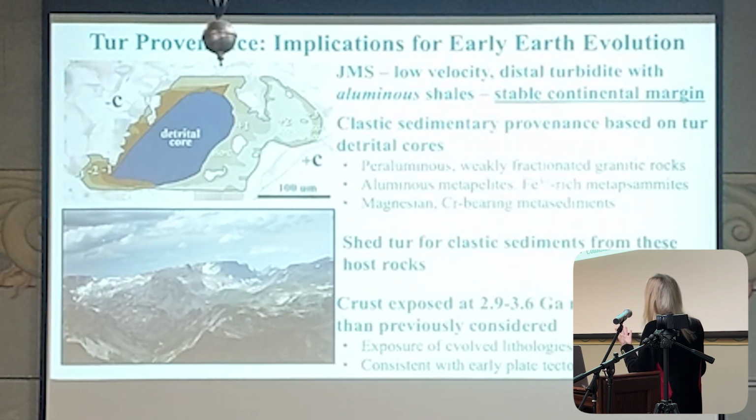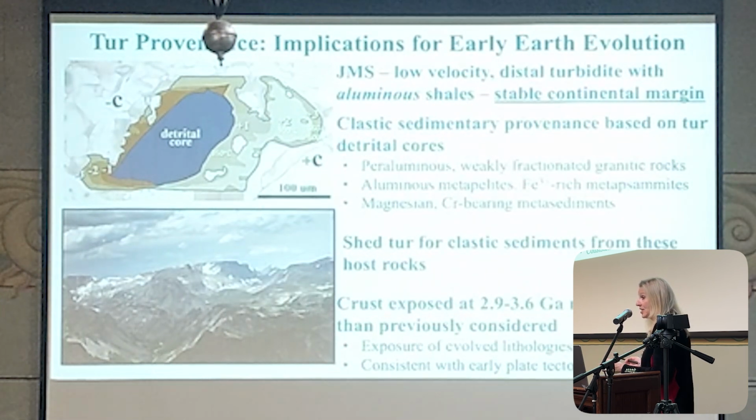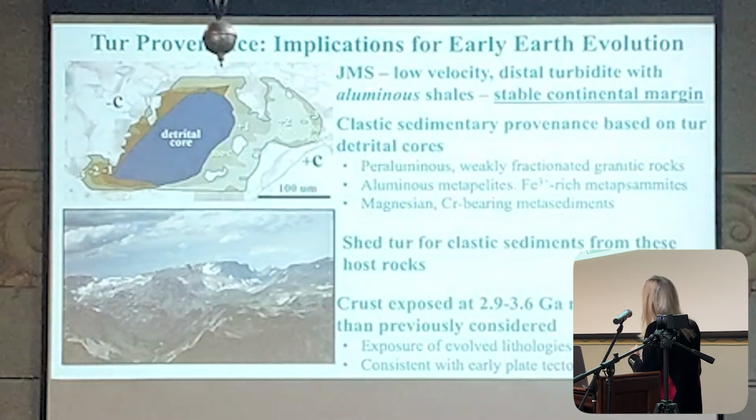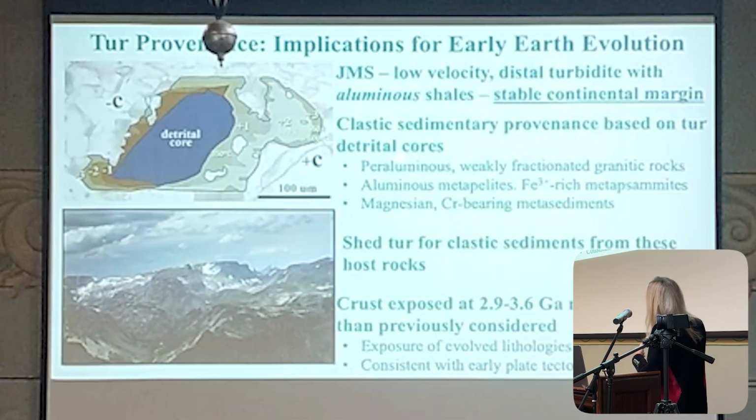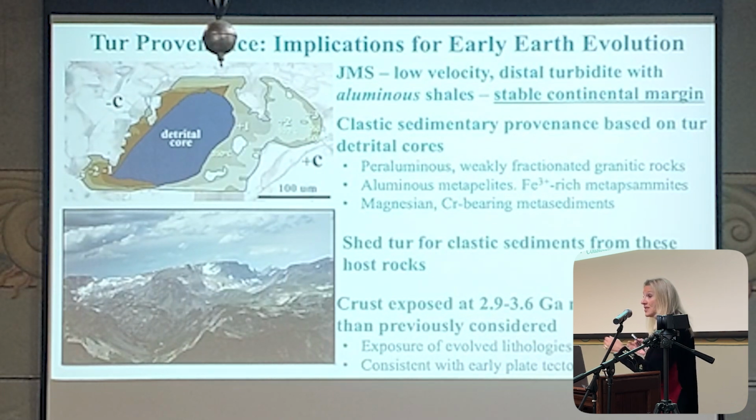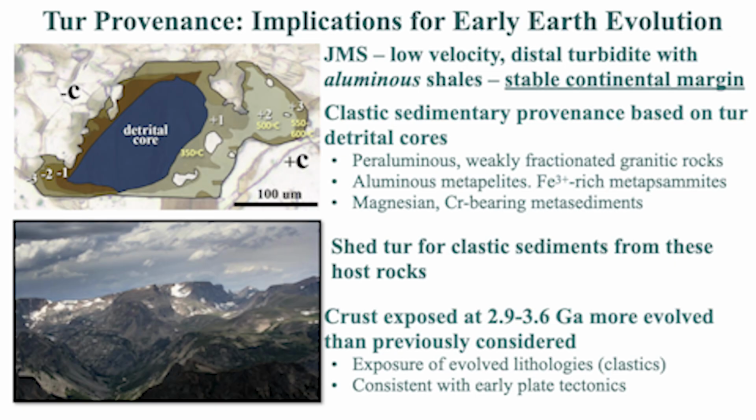So let's remember, the Jardine metasedimentary sequence is this low velocity turbidite. It occurs with aluminous shales as well as this clastic detrital material of tourmaline and zircon. The host is at least 5 different lithologic units that were shedding detritus into this basin that became the metasedimentary sequence.